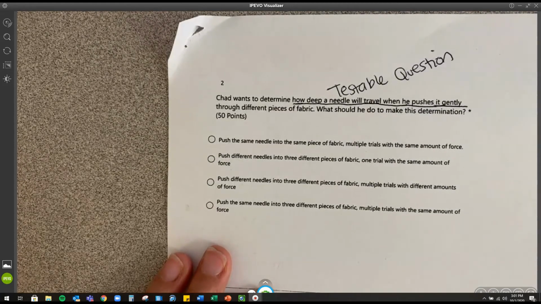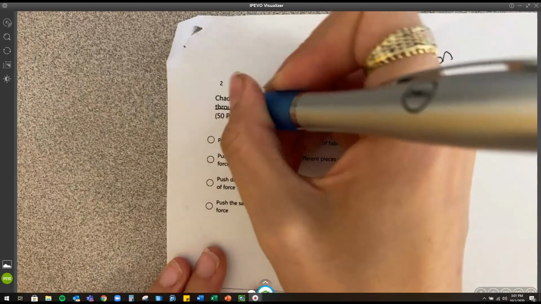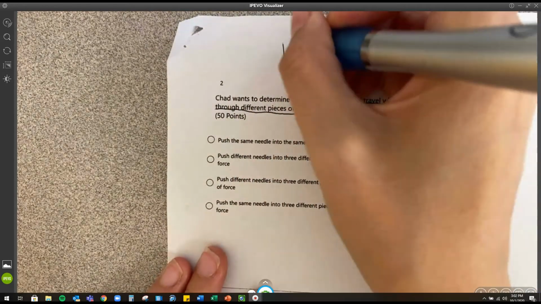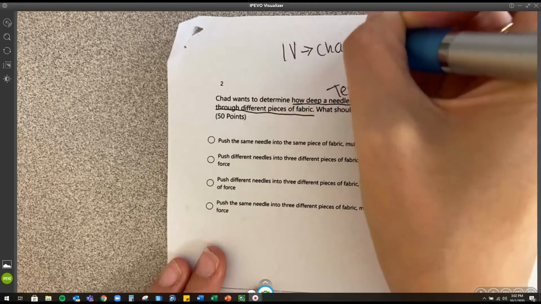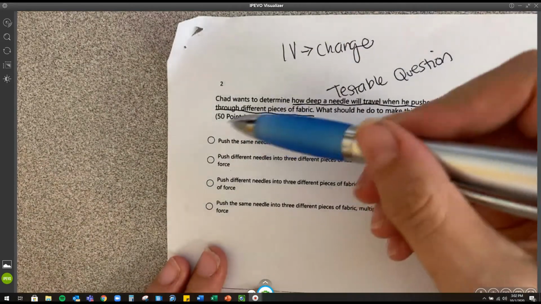What's the independent variable, Citlali? What is our keyword for independent variable? What is our keyword? Change. Thank you, Chance. Change. So what are we changing here?